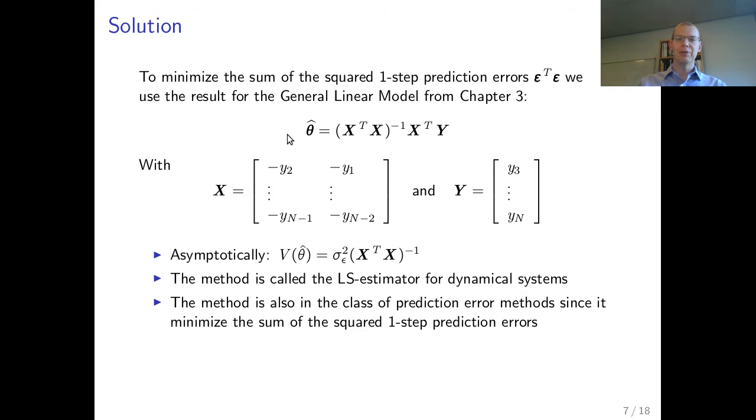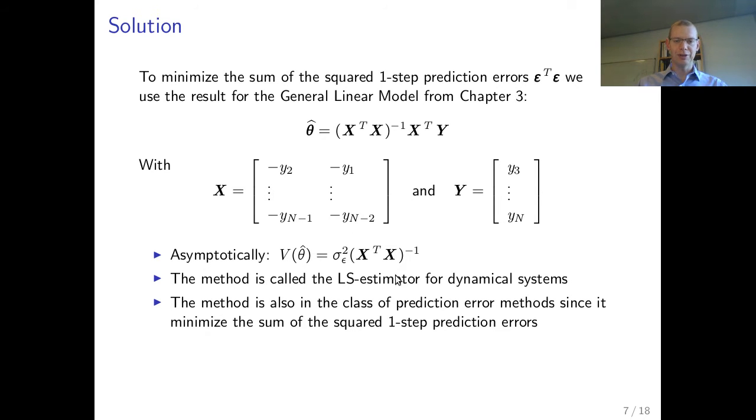So we have theta hat equal to (X transpose X) inverse X transpose y, with this particular design matrix where you have a column of minus the observations time shifted one lag and yet another lag. The number of rows here is n minus 2.